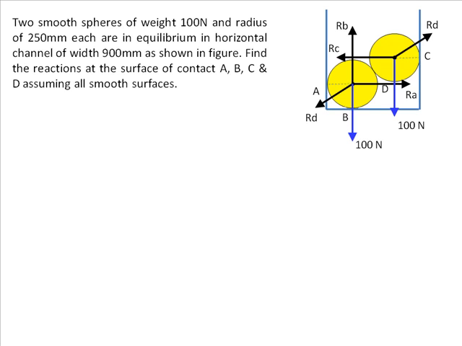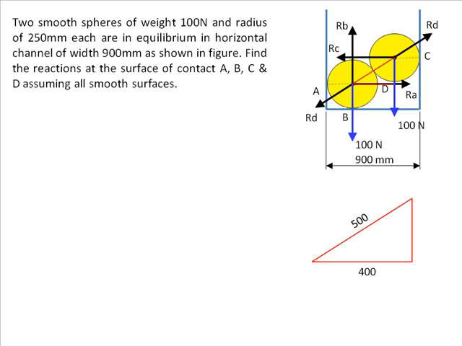Now, these points help me in settling the geometry for Rd, because Rd is the only inclined force. So look at this triangle, let's take it down. The hypotenuse of this triangle is necessarily the summation of the radii, 250 plus 250. And the base of this triangle is 400. Why? The total channel width is 900.